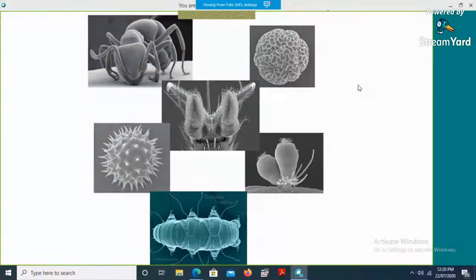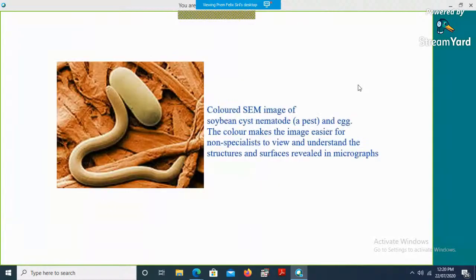Very interestingly, it's not only possible to capture the three-dimensional image of biological objects, you can actually give false coloring. In this case, you can see that this is a pest which affects the soybean plant.